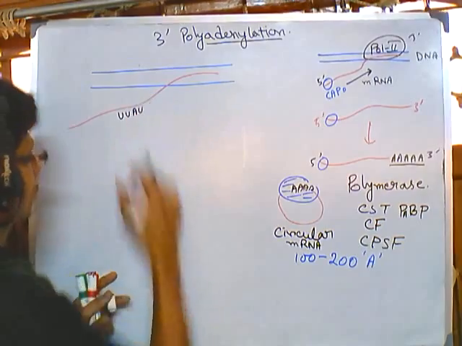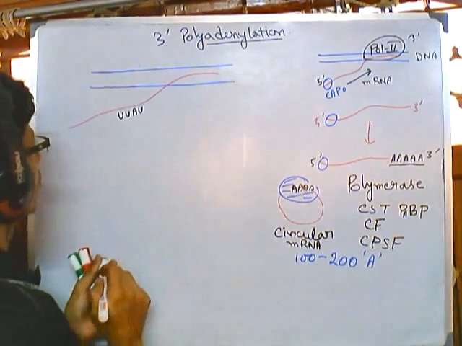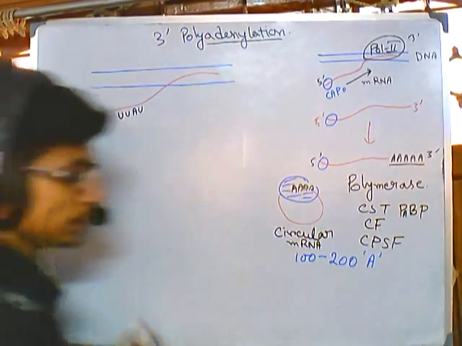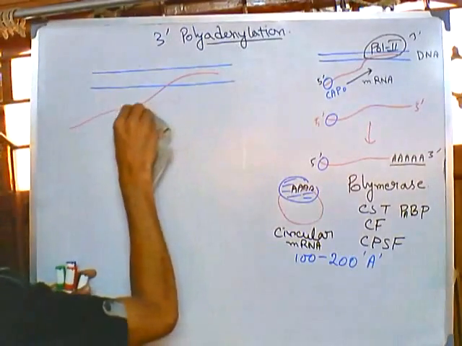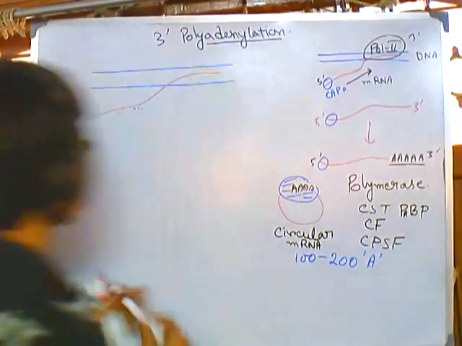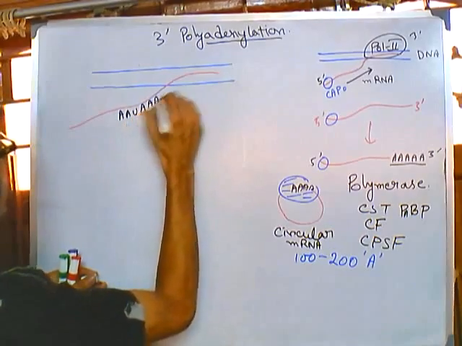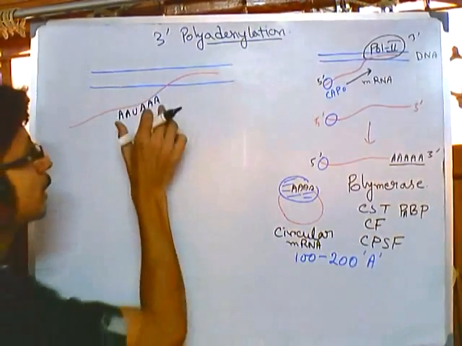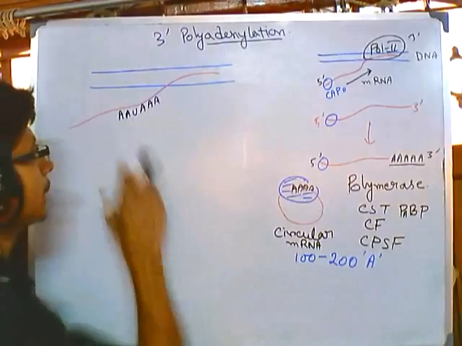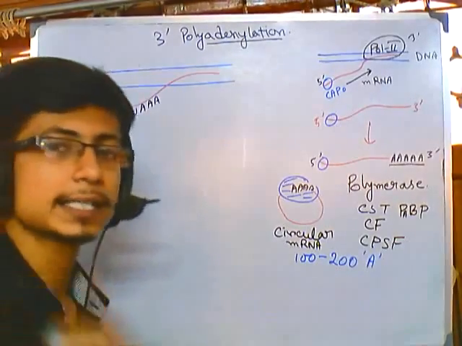It encounters a signal like AAUAAA. This is called the polyadenylation signal.